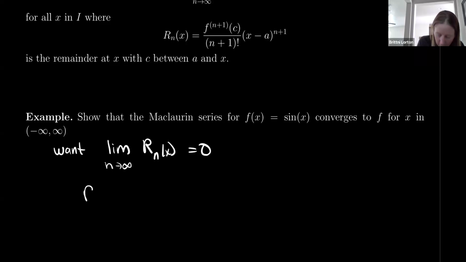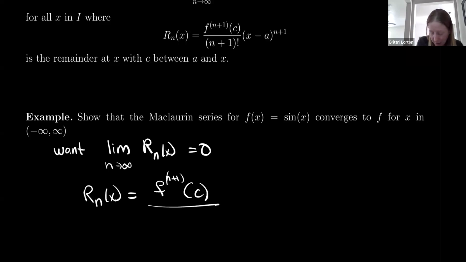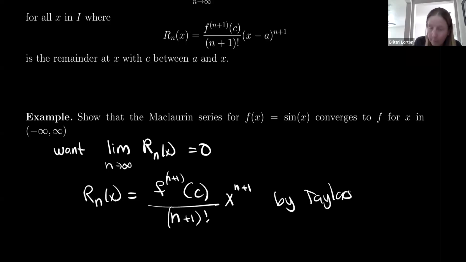But I also know what my remainder is. Remember, it was the n plus first derivative at some point c, where I don't actually know what that c value is, times x to the n plus 1, by Taylor's theorem above.